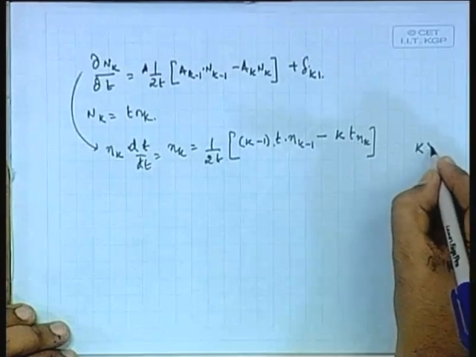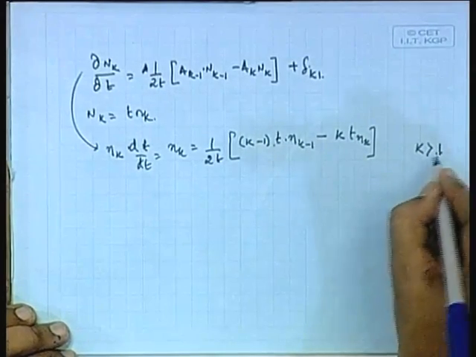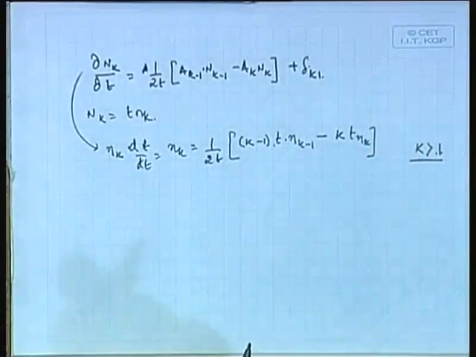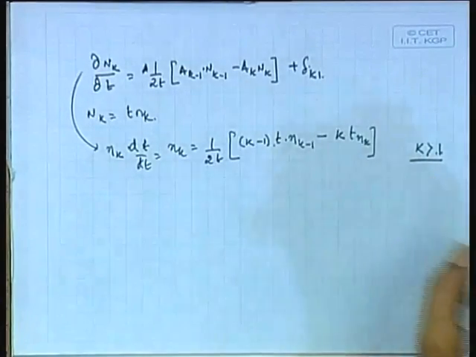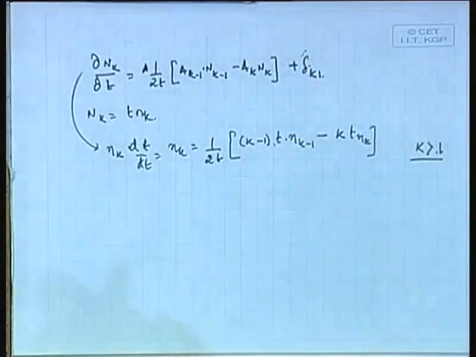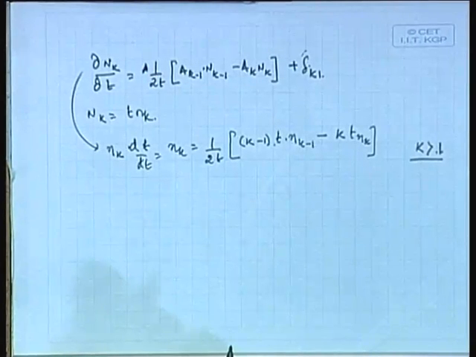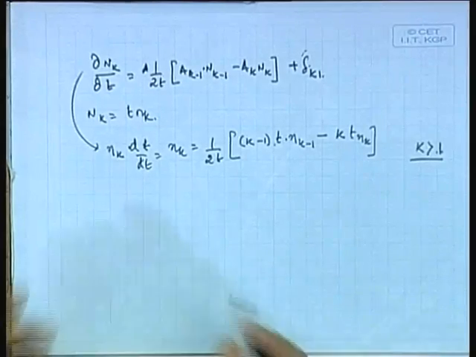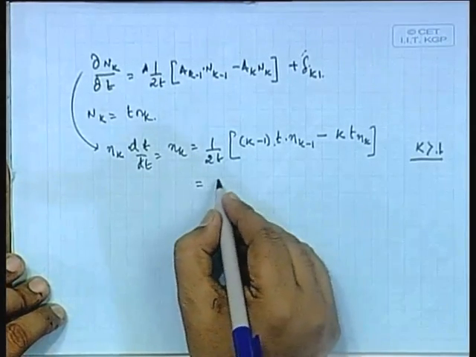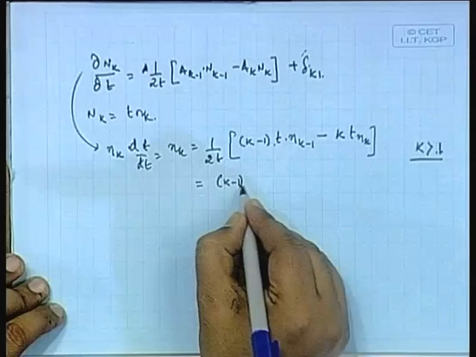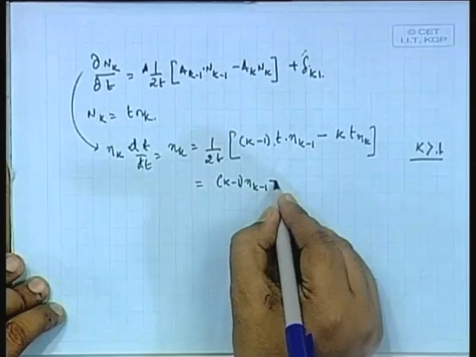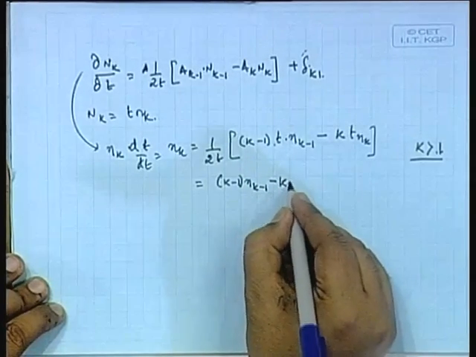I am just thinking that k is greater than 1. If k is greater than 1, then this part doesn't come. Agreed? So this becomes again (k minus 1) n(k minus 1) minus k nk.